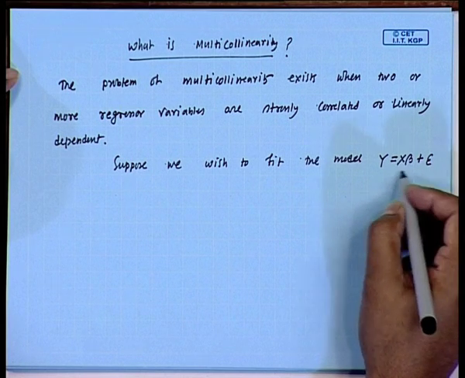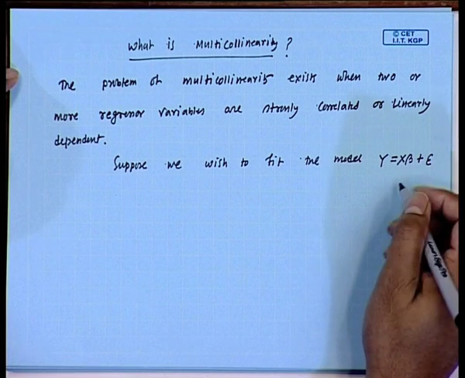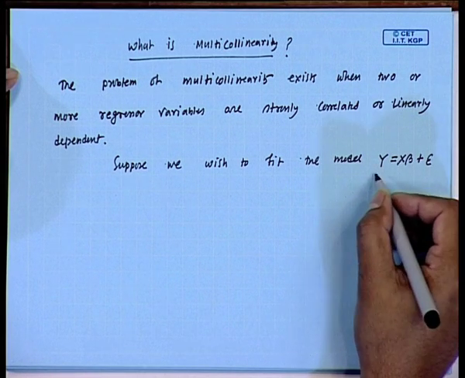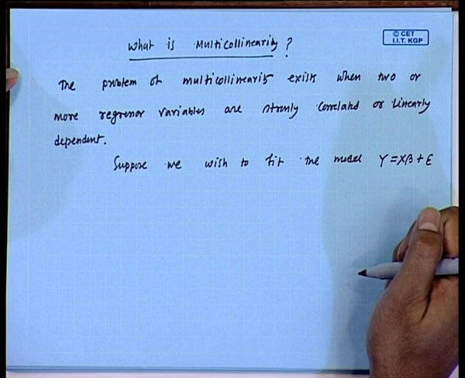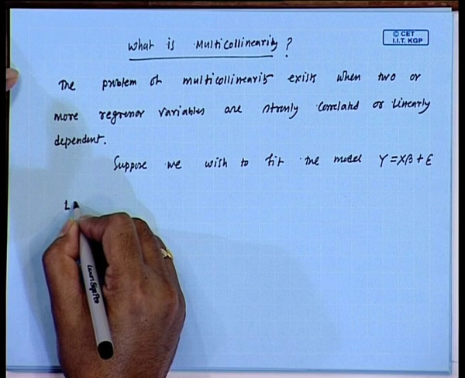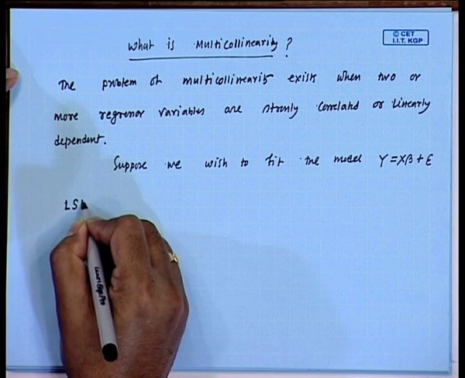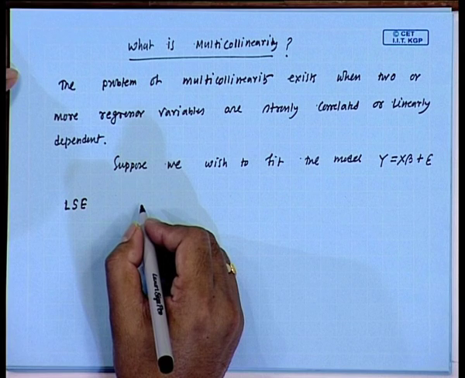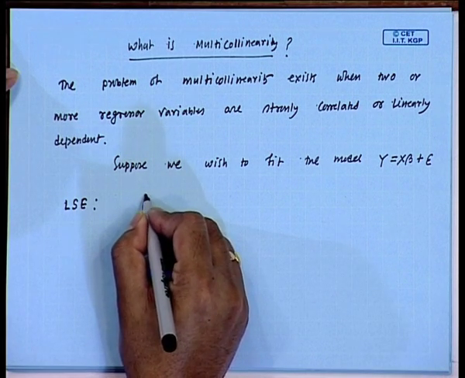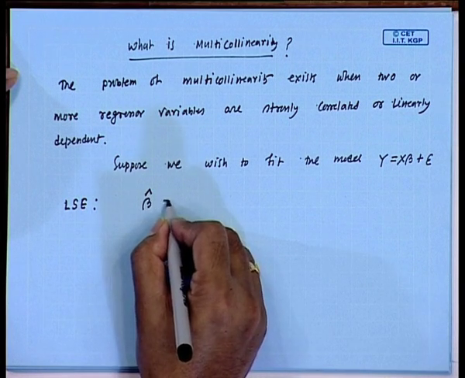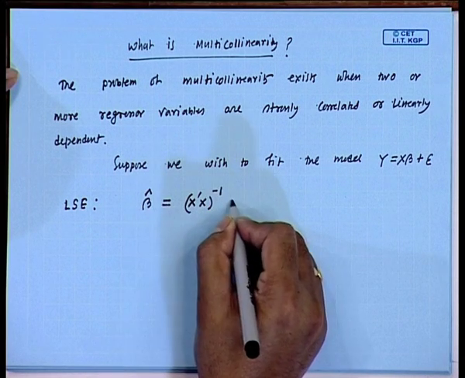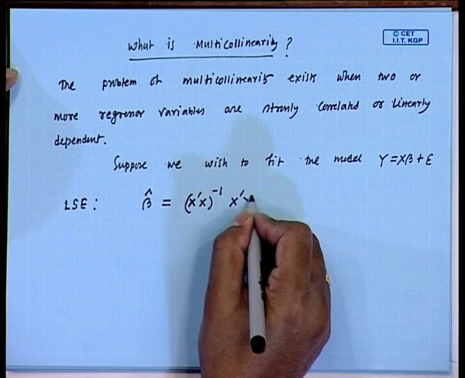This is the matrix form of multiple linear regression, and there are k minus 1 regressors and 1 response variable. Okay. So, we know that the least square estimate of beta is beta hat equal to X prime X inverse X prime y.